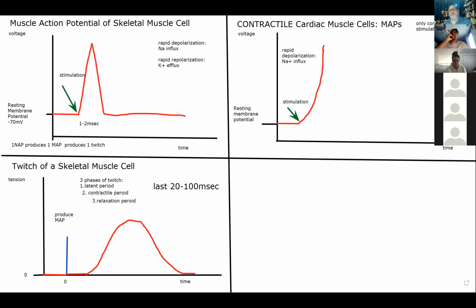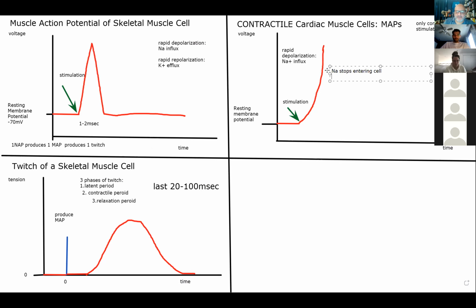But then something different happens. Yes, just like in our skeletal muscle, sodium stops entering the cell. But two other things happen as well. Normally, we saw a rapid efflux of potassium because potassium channels opened.